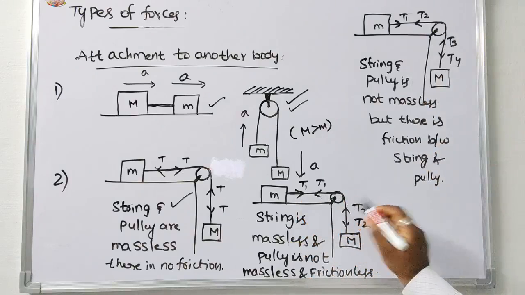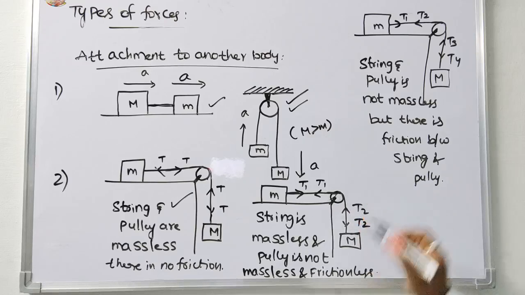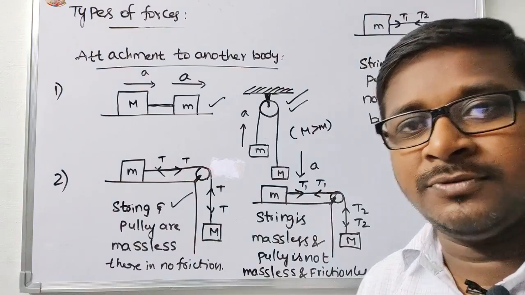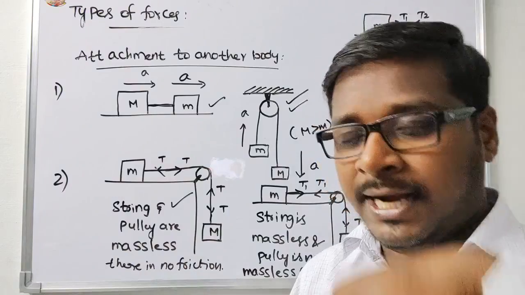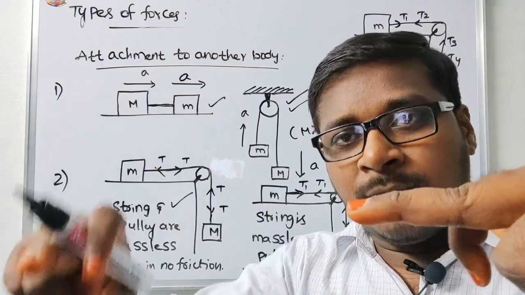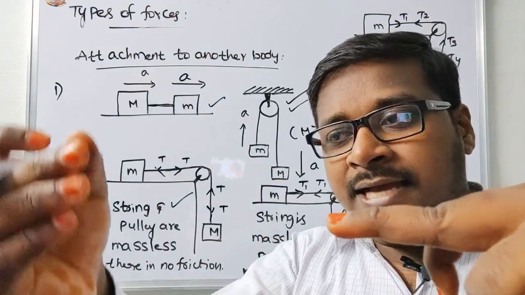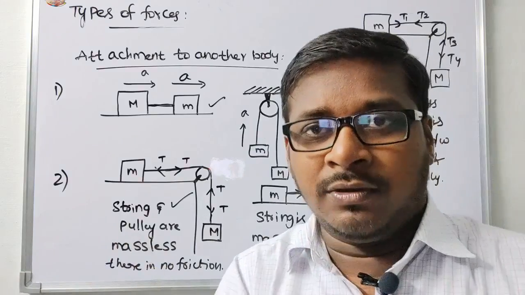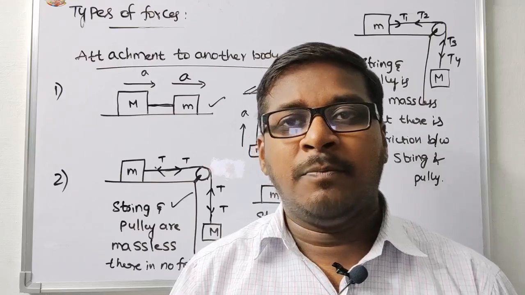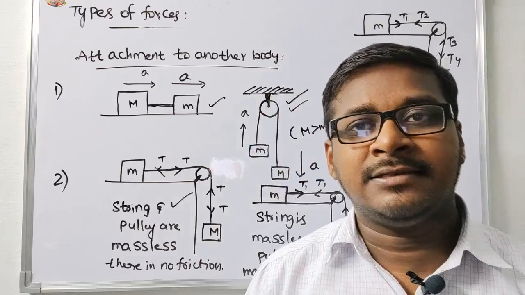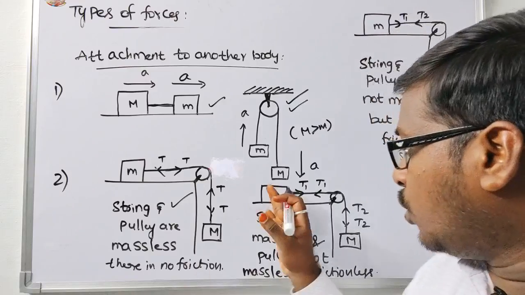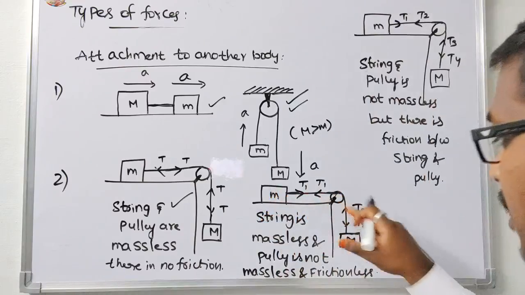The mass of the pulley is considered, students. Two types of tensional force act. One block is attached to one end of the string, and the rope passes through a pulley, so another block of mass M is hanging down. Two types of tensional forces are applicable because the string is massless but the pulley is not: T1 and T2.